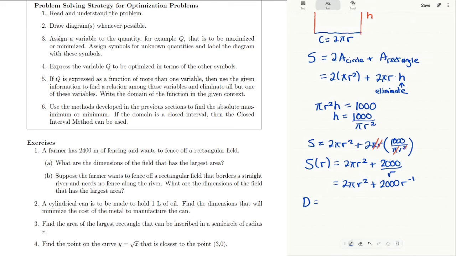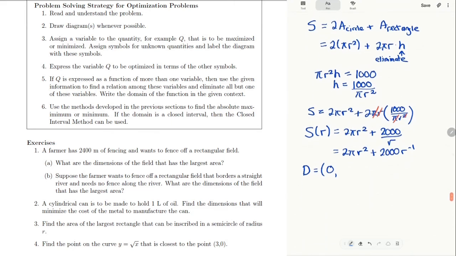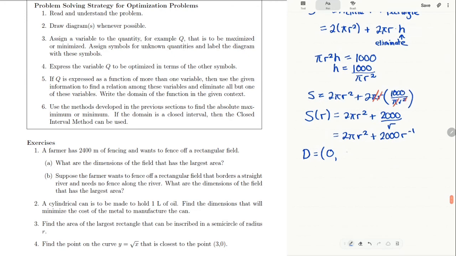We have 2,000 divided by r, and r cannot be 0. So the domain is going to be the open interval from 0. Now, we aren't given any restriction to the amount of material that we can use. And so the radius can be any radius that we like. And so our domain is from 0 to infinity.